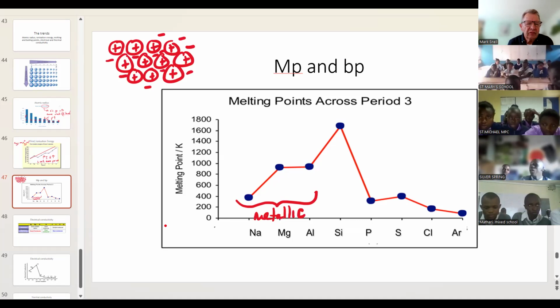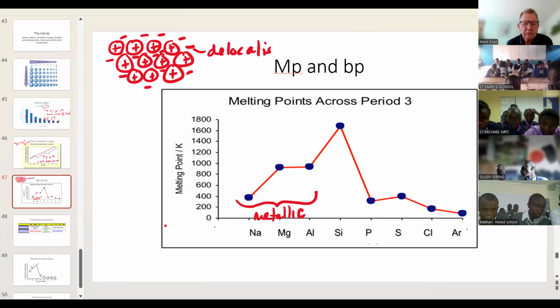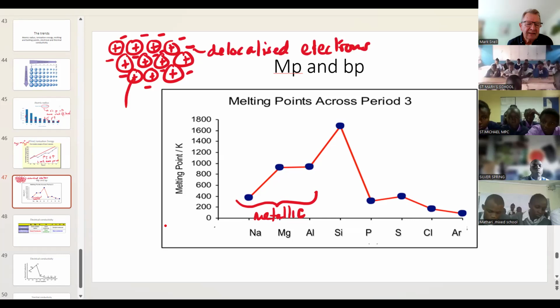The strength of metallic bonding depends on the charge on the ion, the number of delocalized electrons, and the size of the ions. These are cations, the positive ions.